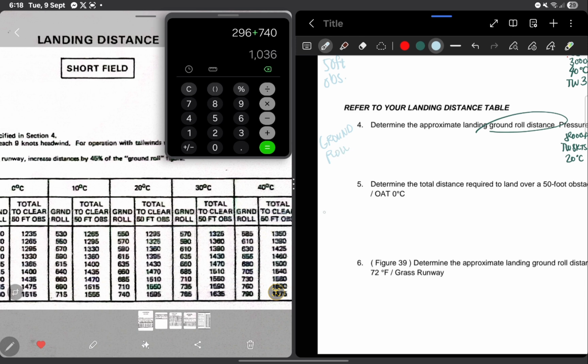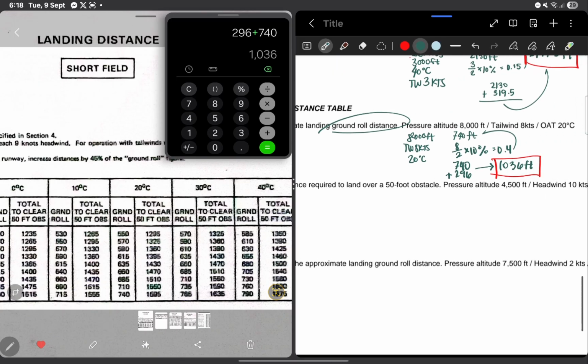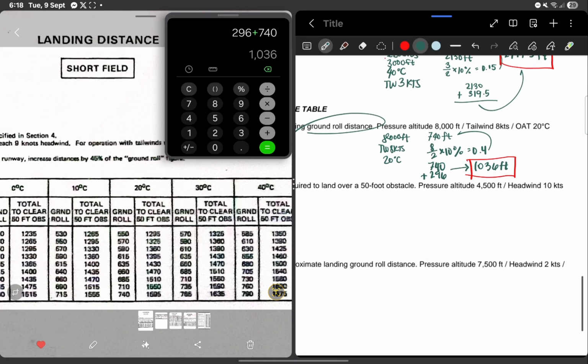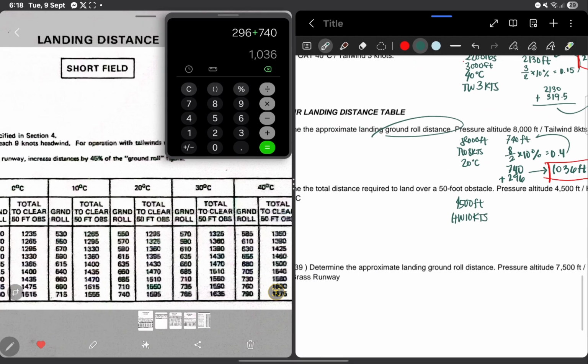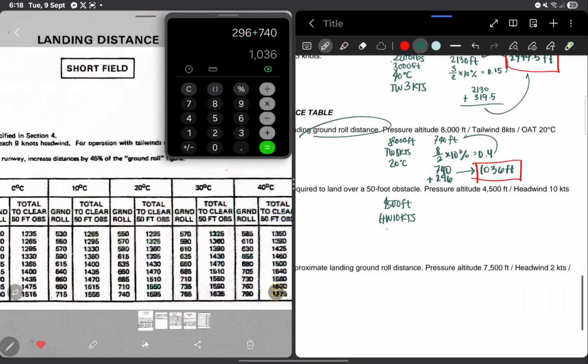And this is 50-foot obstacle. So let's write down our values. We have 4,500 feet of pressure altitude, a headwind of 10 knots, and outside air temperature of 0 degrees.